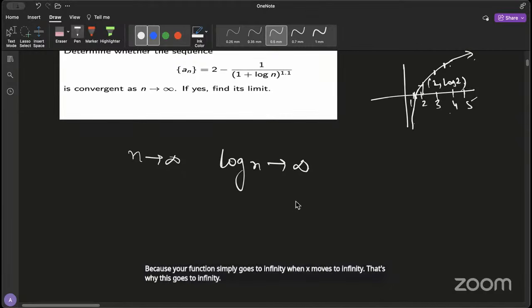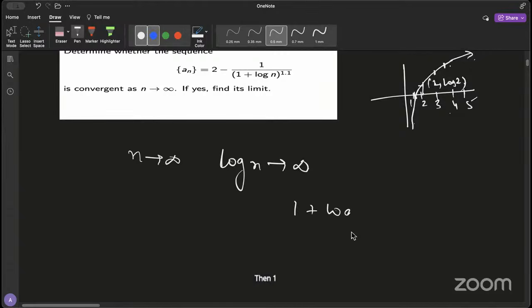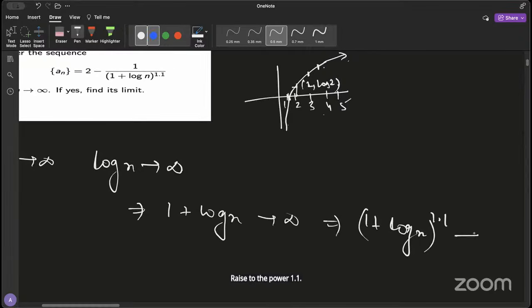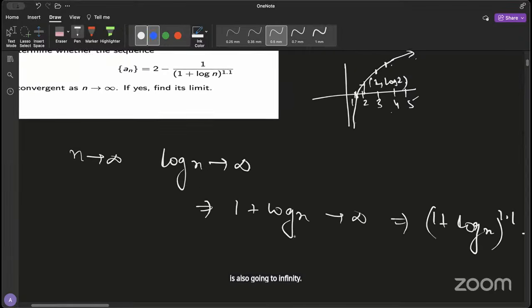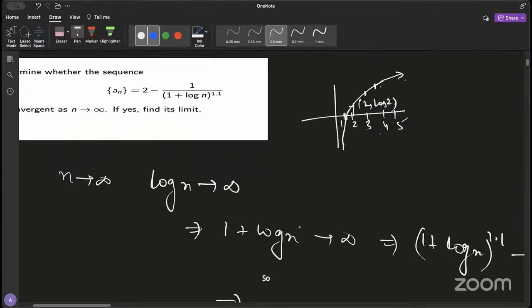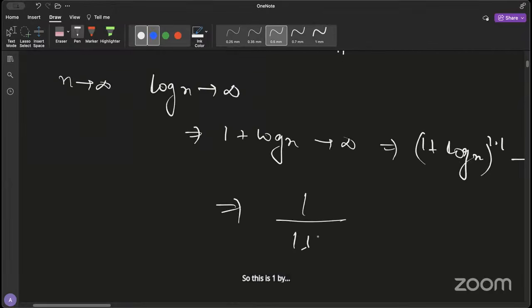Then 1 plus log n will also move to infinity. And this means 1 plus log n raised to the power 1.1 is also going to infinity. So 1 by (1 plus log n) to the power 1.1 will go to 0.